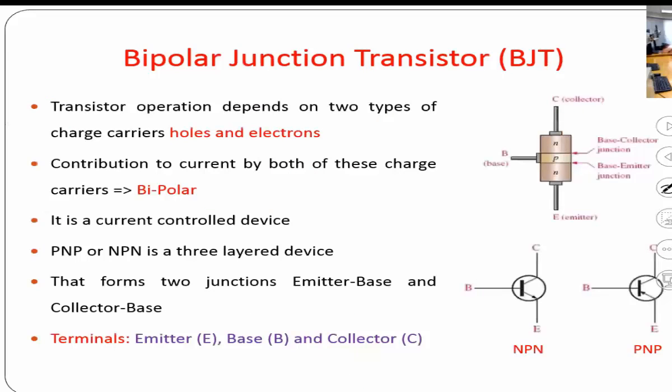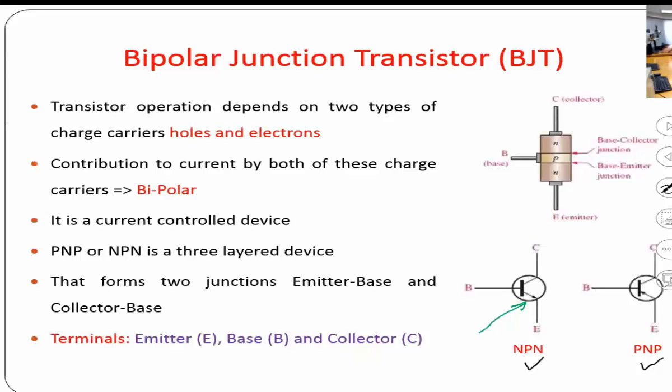So these are the symbols you see for a transistor. What do you see as the difference? If you closely pay attention, you see this arrow right here inside the transistor, inside that circle.